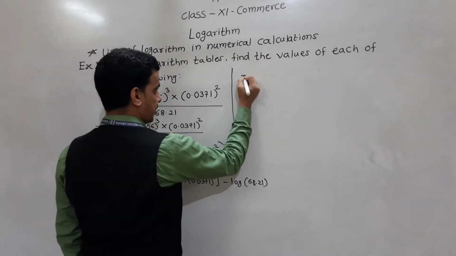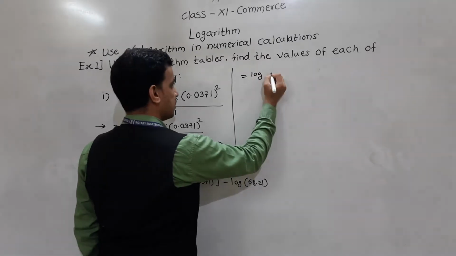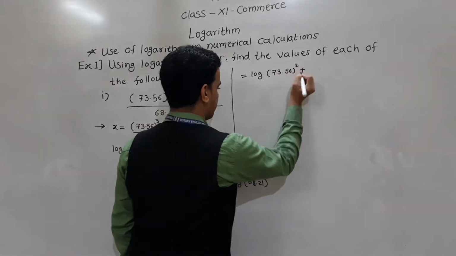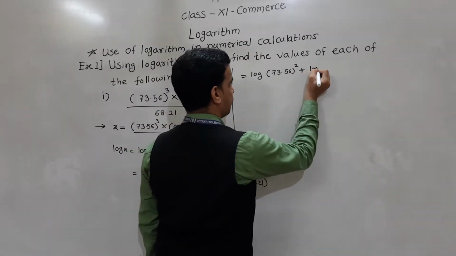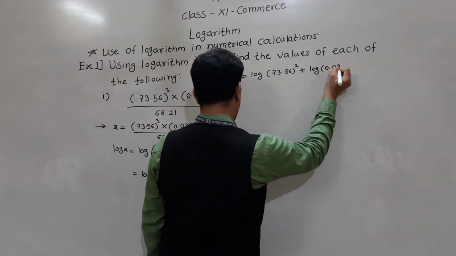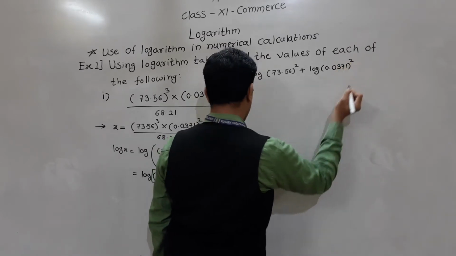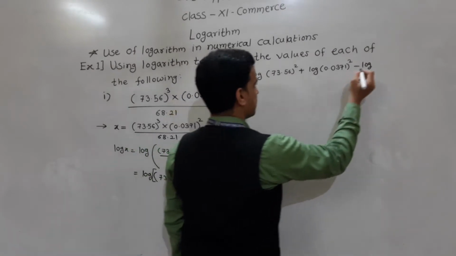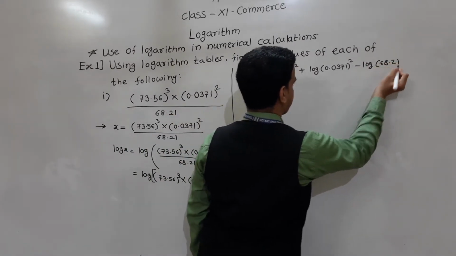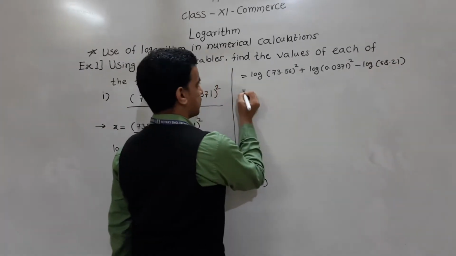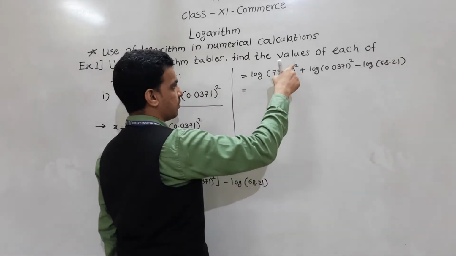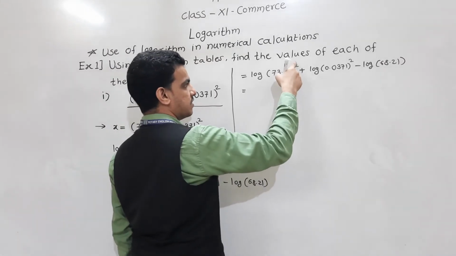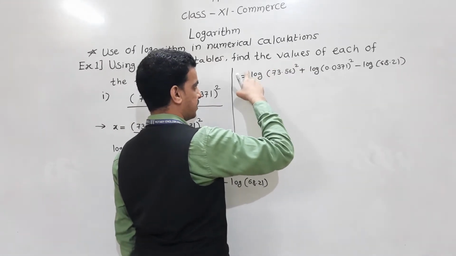So we can write log of 73.56 cube plus log of 0.0371 square minus log of 68.21. Now next, if log of m raised to a is there, then we can write this power as a coefficient.